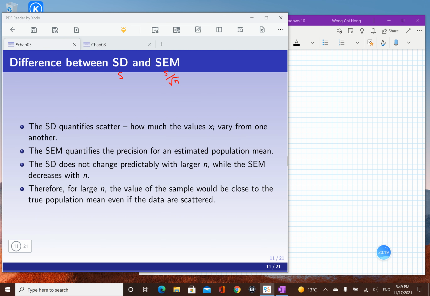It's very subtle, and people often confuse the two of them, especially if you see experiment reports, or maybe even when you write your experiment report, you give your data, you work out your mean value, you would write down your standard deviation as well.